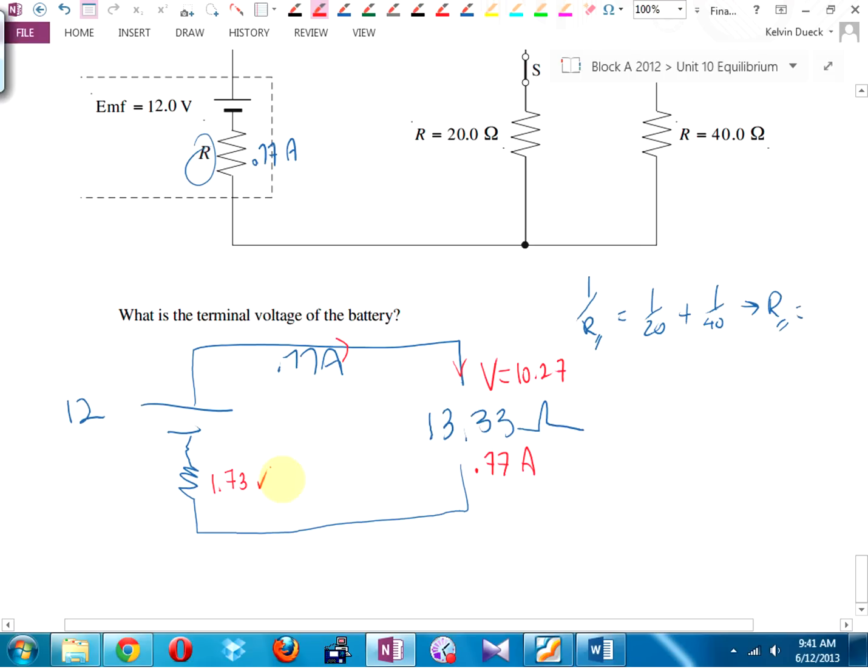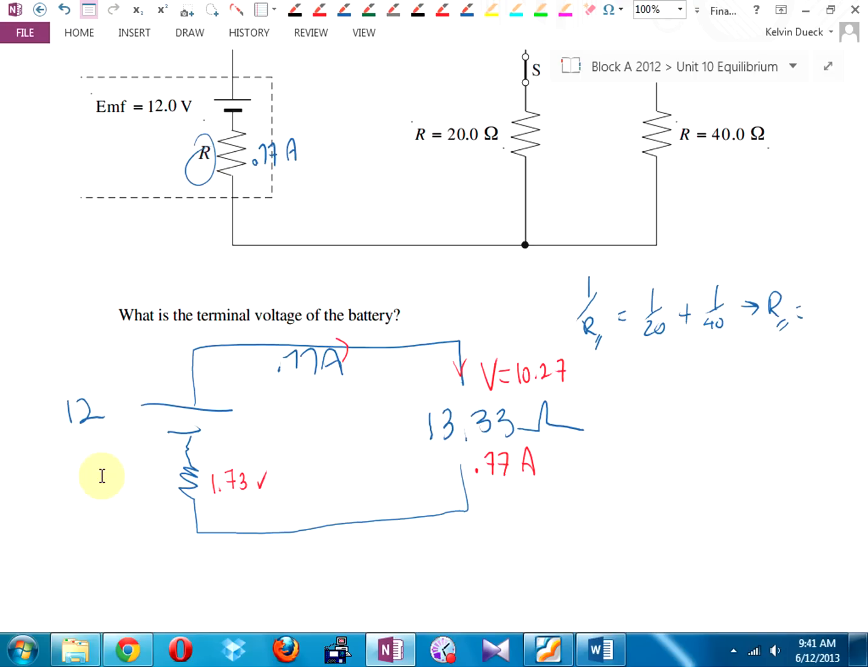The terminal voltage: maximum theoretical minus the bump. The terminal voltage is going to be 12 take away 1.73. I can get 9.2. No, sorry, you're right, 10.27. Bad math. 10.3. Okay, terminal voltage is 10.3.